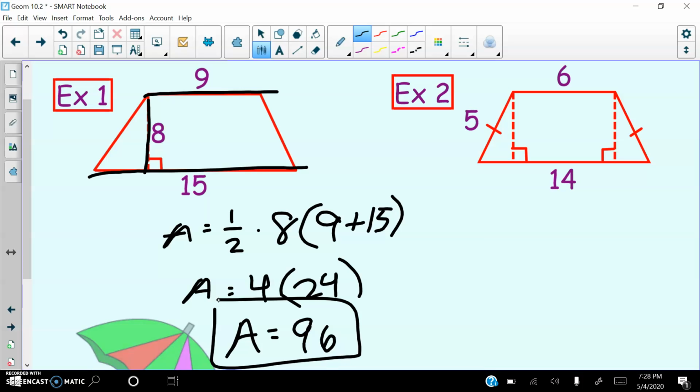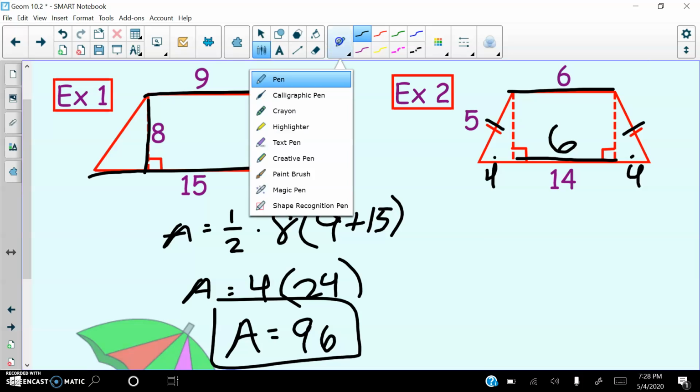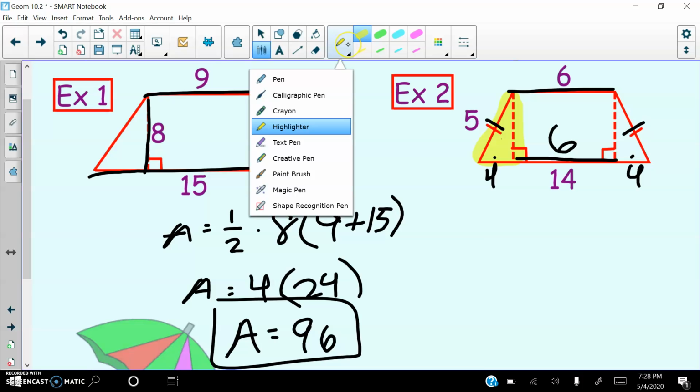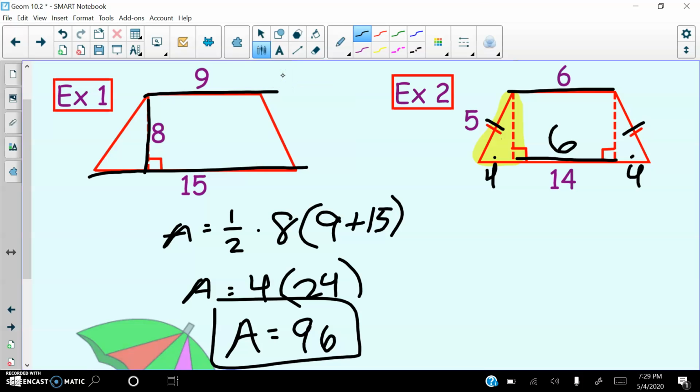Alright, for number 2, if this is 6, that means this part has got to be 6. And because these are congruent, these two are going to have to be congruent as well. If I'm taking 6 away from 14, I have 8 units left, so this has got to be 4, and that's got to be 4. This triangle is a right triangle, but it's also a 3, 4, 5 triangle. So the height is 3, one of our bases is 6, and the other base is 14.